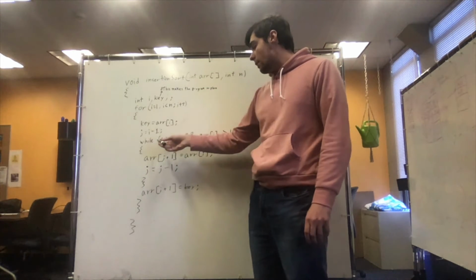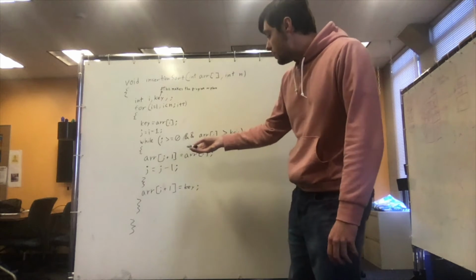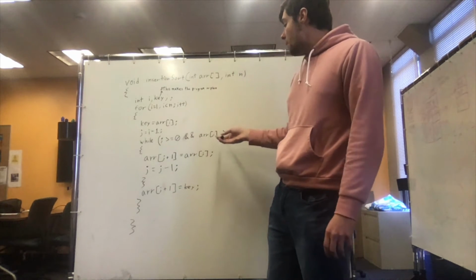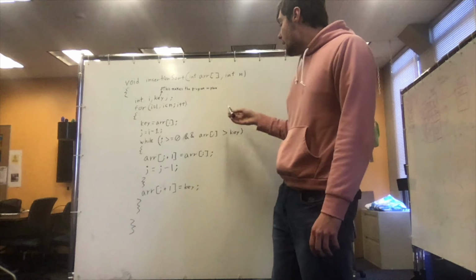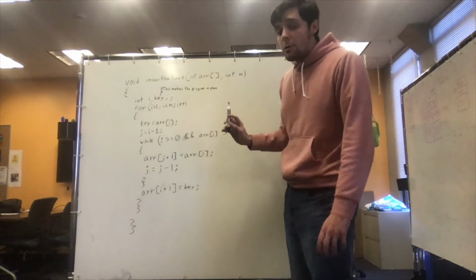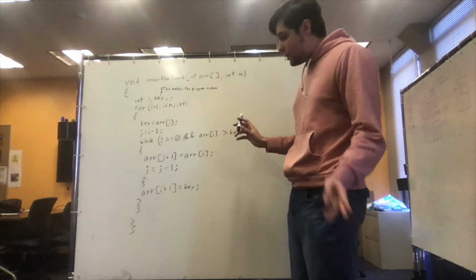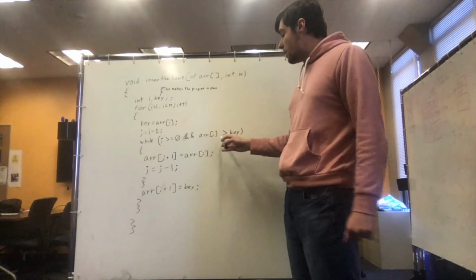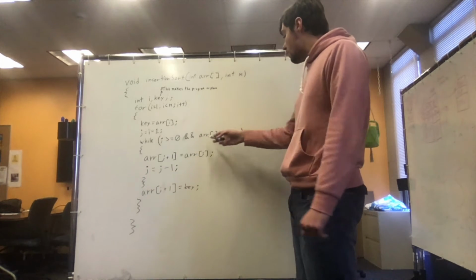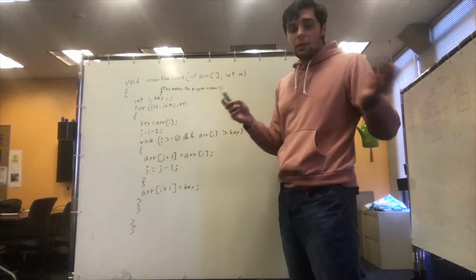Then we move into the while loop. We check if j is greater than or equal to 0, and we have to check if array j is greater than key. What this does is, first off, it checks if the sorted element is greater than key, which is the i.